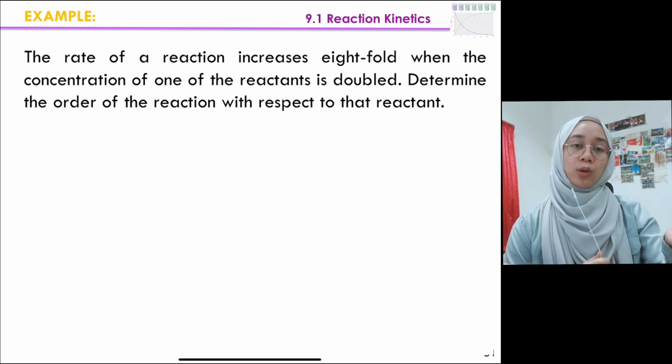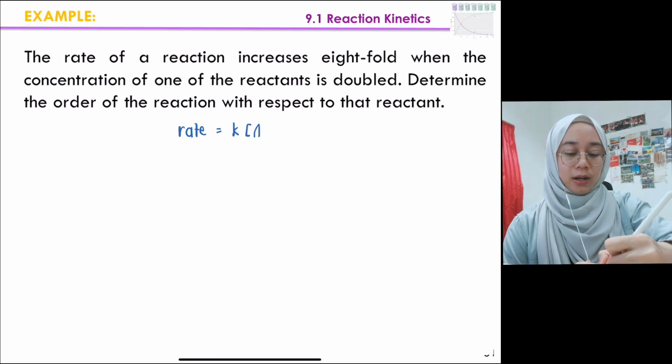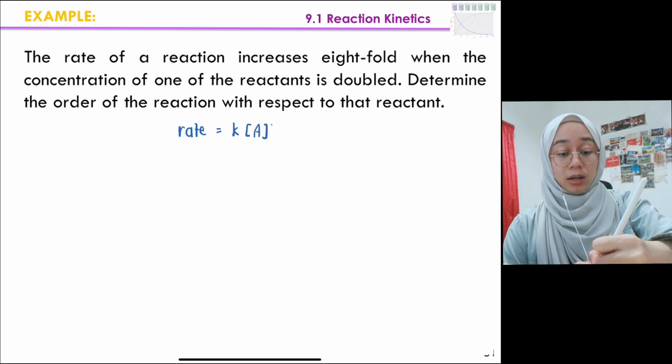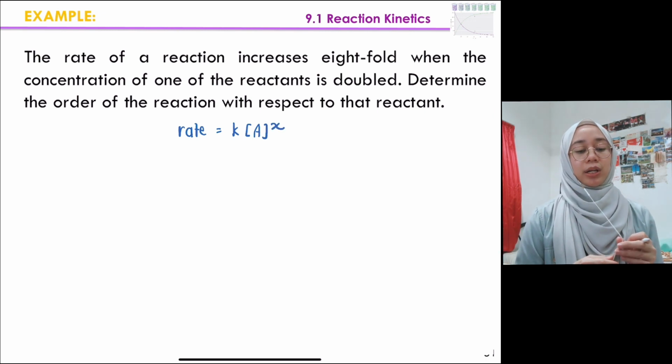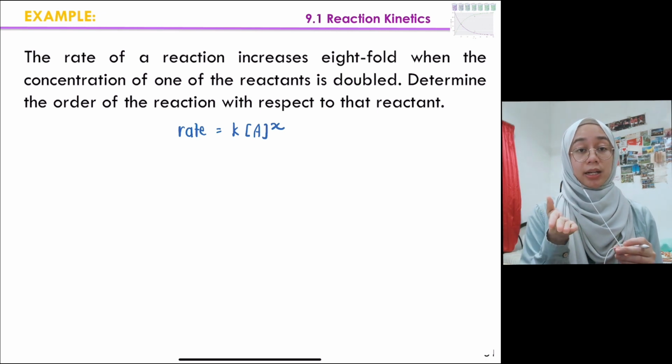So kita tulis dahulu initial rate: rate is equals to k times A to the power of X, sebab kamu tak tahu order of reaction dia, so Miss letak X dekat situ.